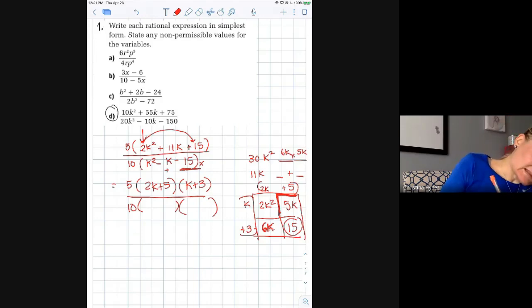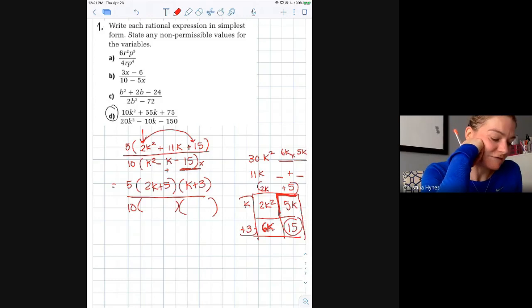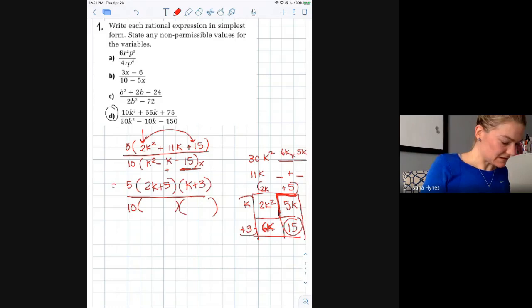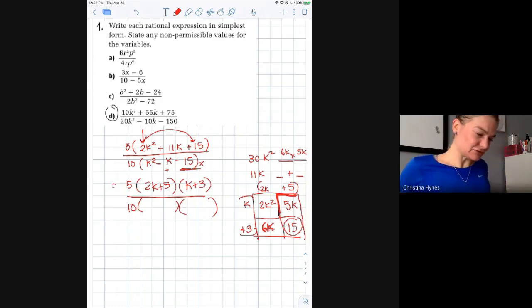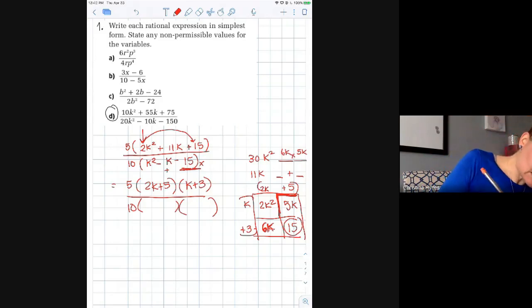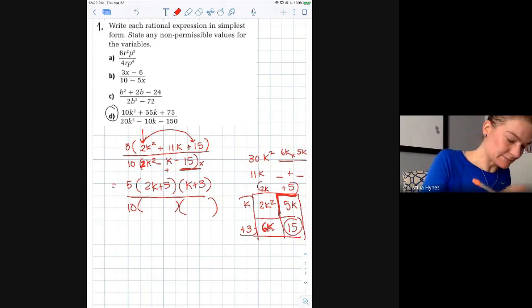So that would be, let's see, 3 and 5 won't work, so what am I missing? 15 divided by 5 would give us 2, so that won't work. Oh, that's what I'm doing. That's the reason I'm missing a 2, if you guys didn't notice. There's a 2 missing here when I factored out the 10, so that makes more sense. That's why it wasn't working.